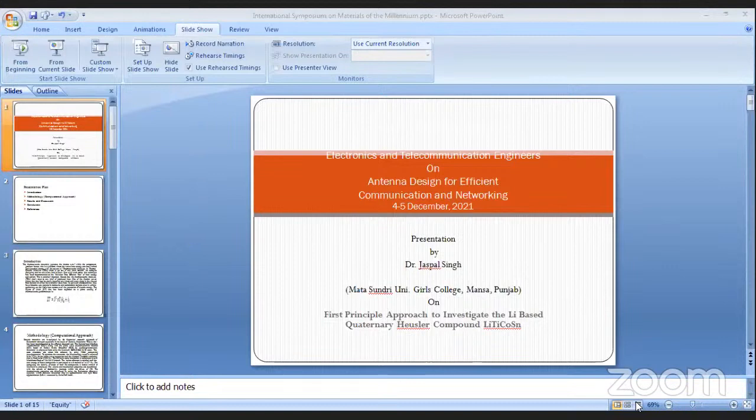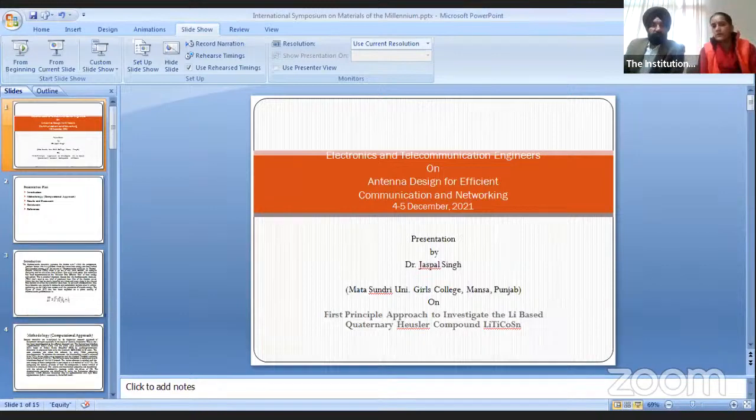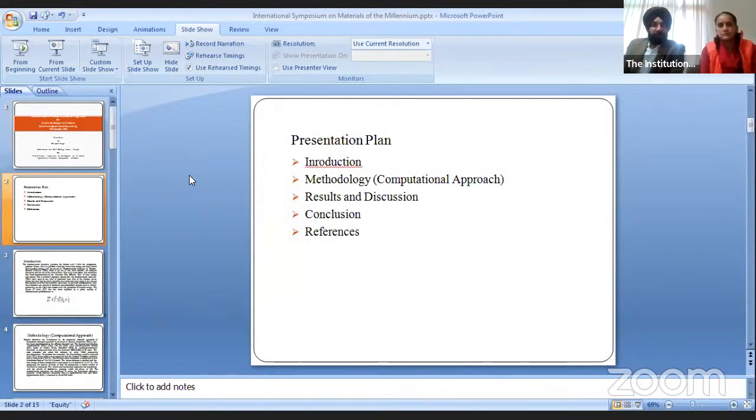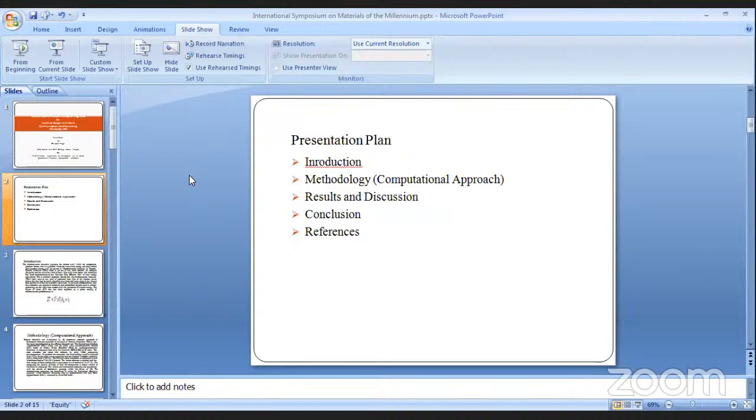Actually, on my side, it appears as full screen. There might be some problem in sharing. Kindly start without slideshow on your screen. Now kindly click on the second slide. Yes, now we are able to see the second slide. But if you go to full screen, we are not able to see it. So if you are convenient with it, you can start in this mode only. Yes, sir, I am convenient with it.